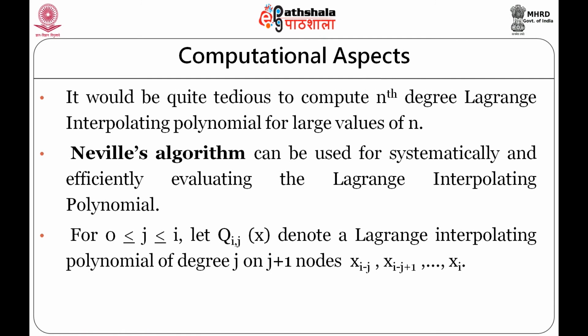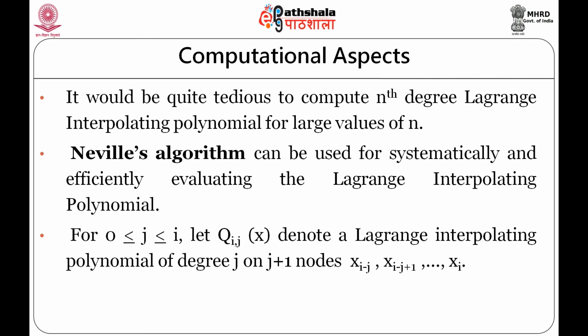For 0 less than or equal to j less than or equal to i, let q_ij(x) denote a Lagrangian interpolating polynomial of degree j on j plus 1 nodes, which are given by x_(i-j), x_(i-j+1), up to x_i. So, q_ij will look at the set of j plus 1 data points which starts at x_(i-j) and ends at x_i.